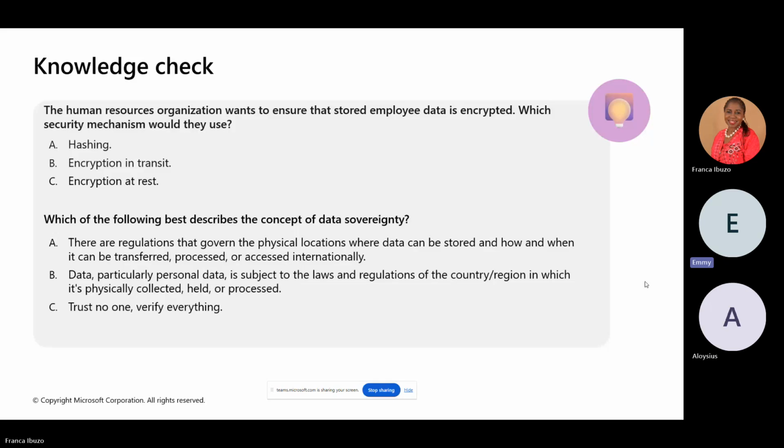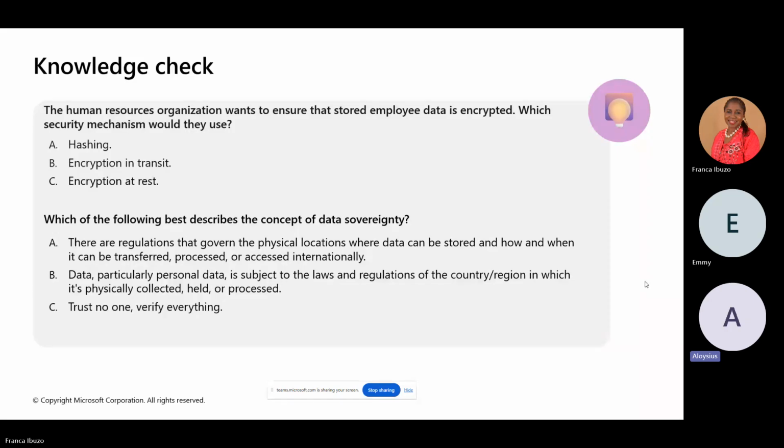I think it's A. No, read it. Can you read it out, please? There are regulations that govern physical location where data can be stored and how and when it can be transferred, processed, or accessed internationally.